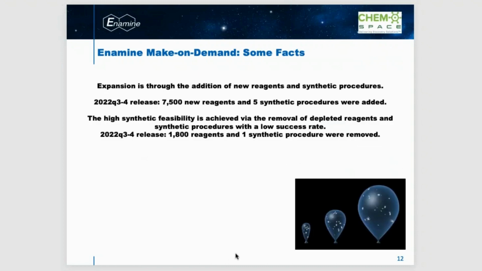And yeah, the Enamine make-on-demand is growing, and again, as Marcus just mentioned, the growth is substantial in the past decade, despite all the things. The expansion of Enamine make-on-demand is through the addition of new reagents and new synthetic procedures.